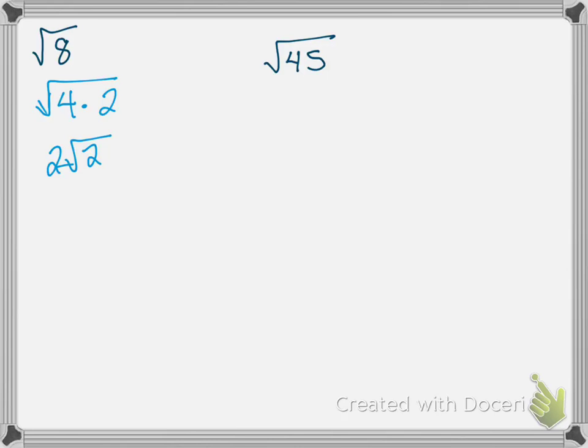Now, if we aren't able to look at 8 and say, okay, my perfect square factor is 4, so 4 times 2, I can do something called prime factorization. Those are factor trees.